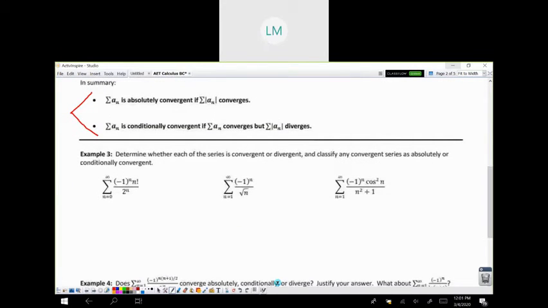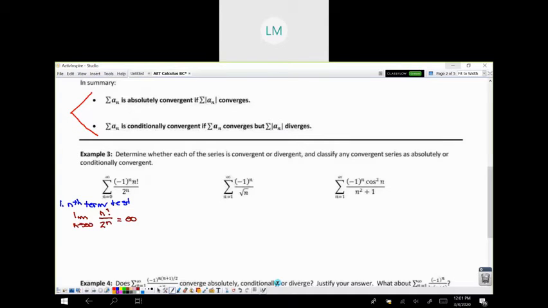So we're going to start with, and we always have to check first, the nth term test. So we want the limit as n goes to infinity of n factorial over 2 to the n. That goes to infinity.